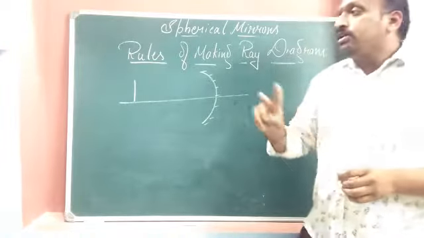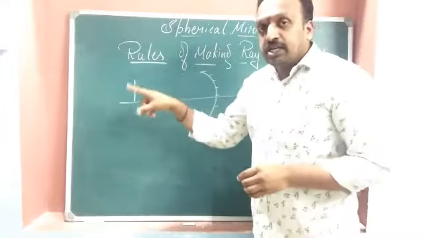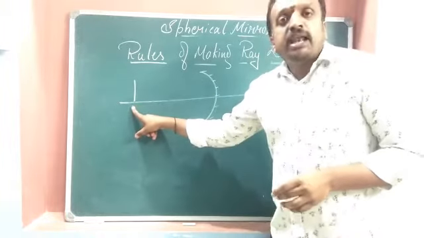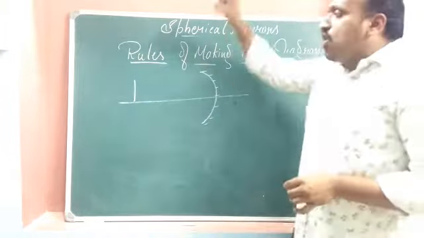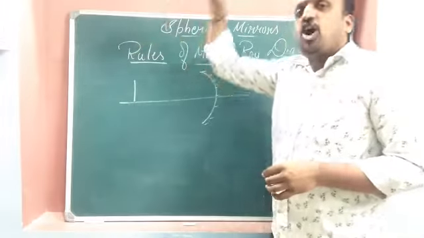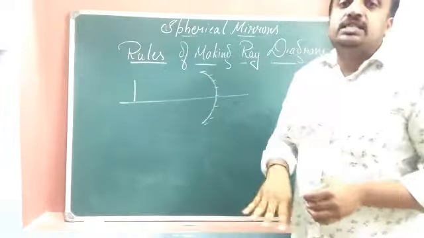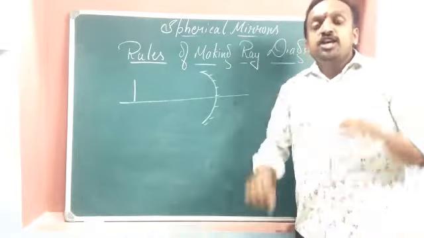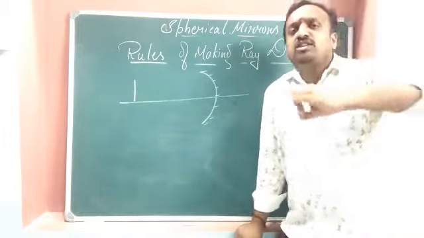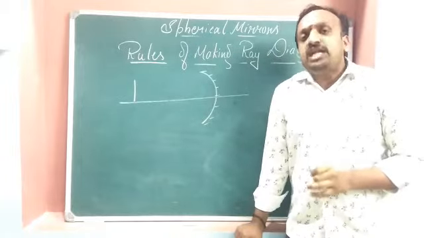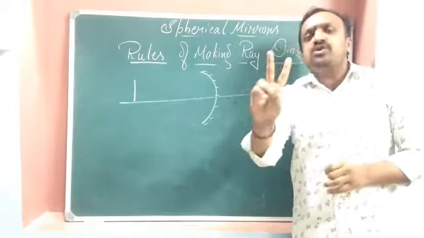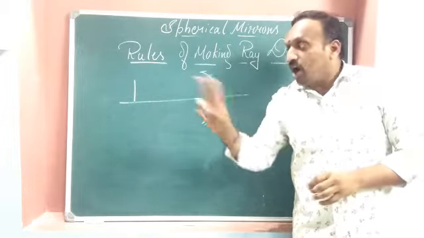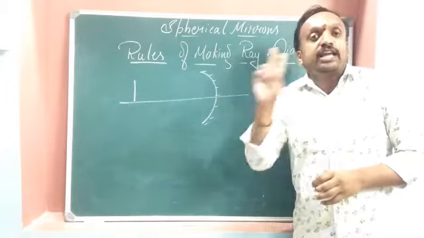Second rule, when you are going to place the object, the foot of the object must touch the principal axis. It is very clear that we are going to keep the object on the principal axis. And the third one, if we want to draw the ray diagram, we need to take 2 convenient rays so that after reflection we can use them.